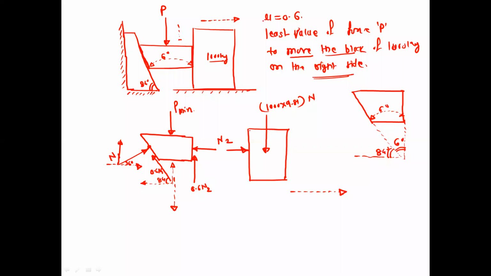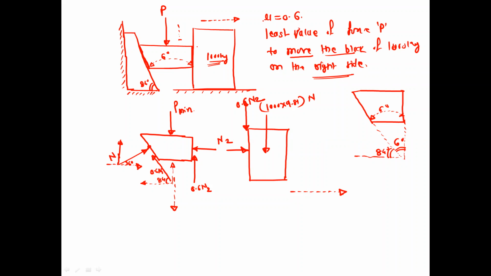This friction will be opposite for the 1000 kg block. So this is friction 0.6 into N2, because as the wedge is moving in the downward direction, compared to the wedge, the 1000 kg block will move in the upward direction. Okay.